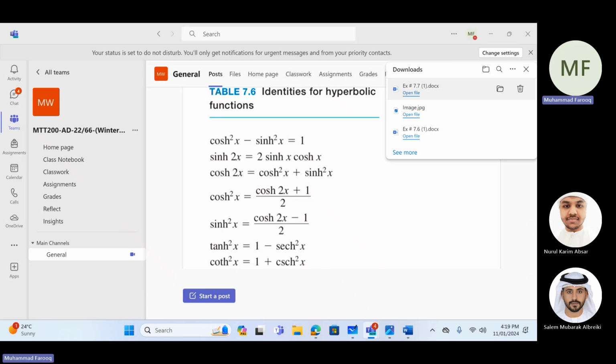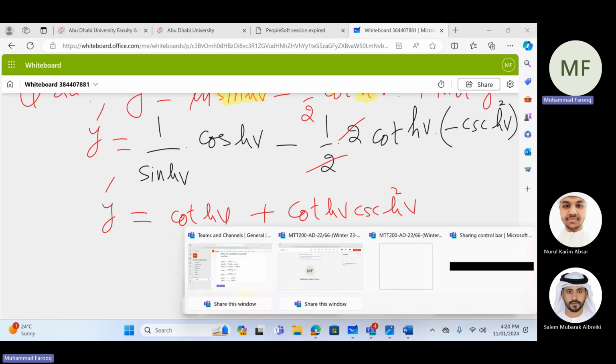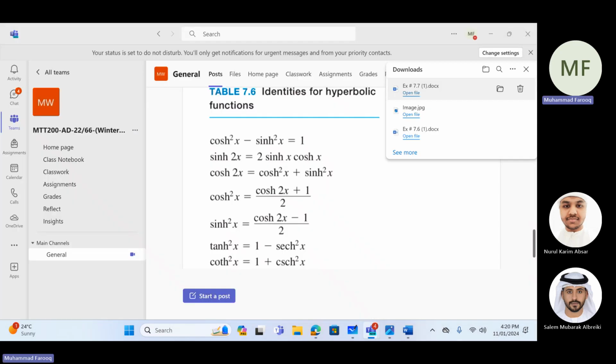That's why I told you we have some identities related to hyperbolic. Okay, we can stop here. In Pearson you have to go with the correct format, but because it's not an exam, you can take help. Table 7.6 is related to the hyperbolic function identities.